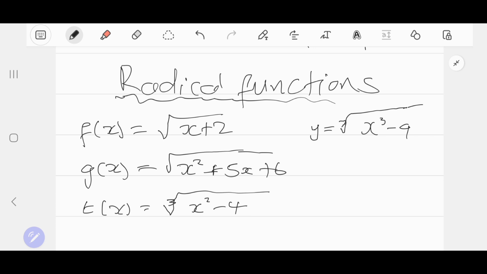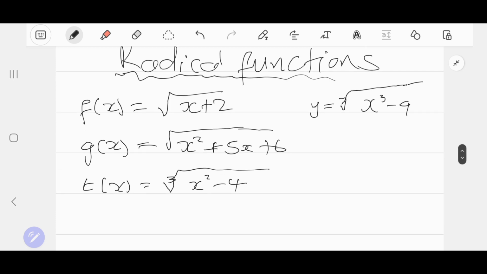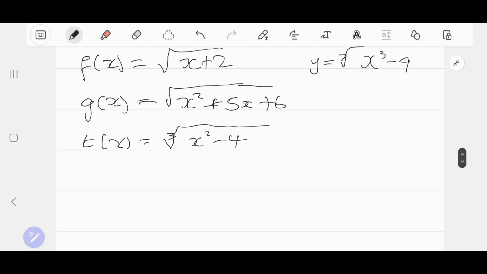If the root is of a positive number, whatever is under that root sign has to be positive. If it is of an odd number, then it has to be a real number. So this is how you're going to write it.